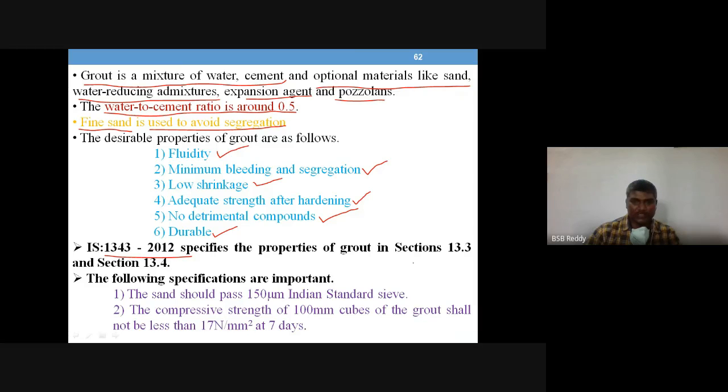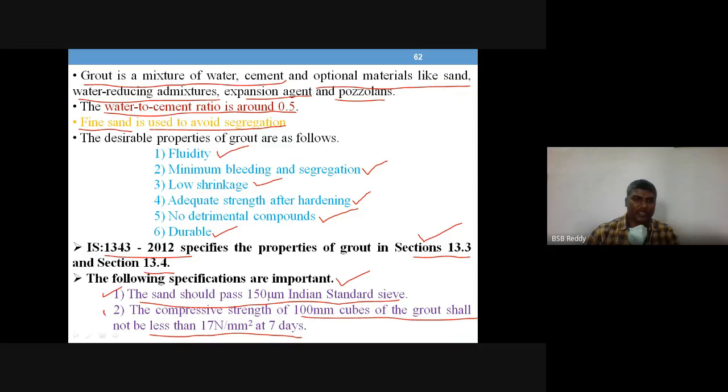IS 1343:2012 specifies the properties of grout in sections 13.3 and 13.4. Just open the IS code you have and go to clauses 13.3 and 13.4, and you will find these properties. The following specifications are important for preparation of the grout. Sand should pass a 150 micron Indian sieve. The compressive strength of 100 mm cubes of grout shall not be less than 17 megapascals at 7 days.